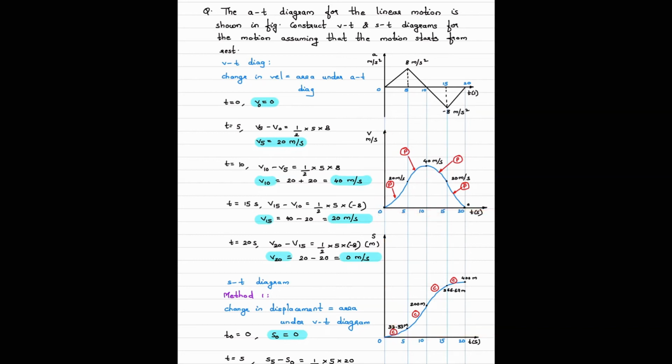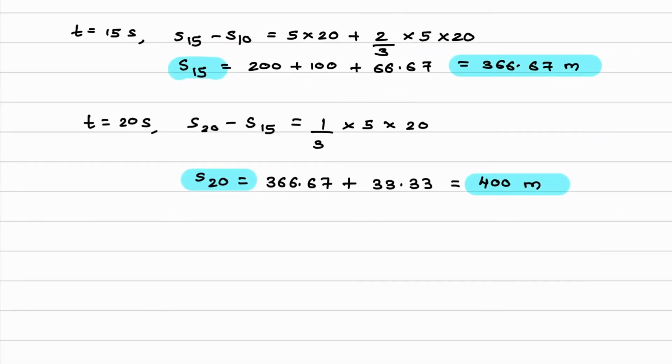Okay. Now we will use second method of calculating ST diagram, which will be moment area method. So method 2 for finding displacement. So that method is called area moment. Okay, now for that area moment method, I'll write down the equation.